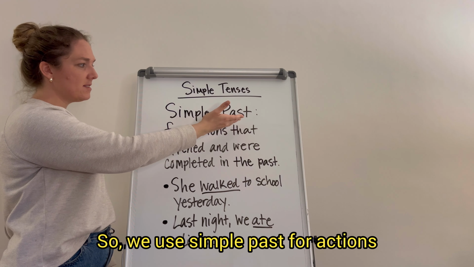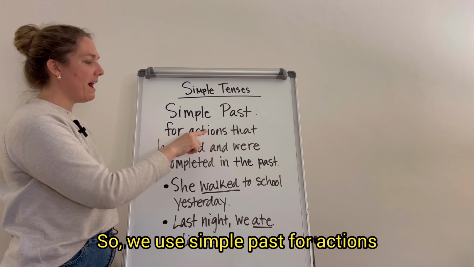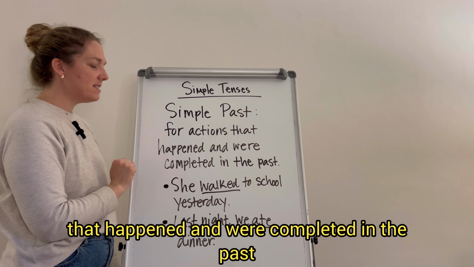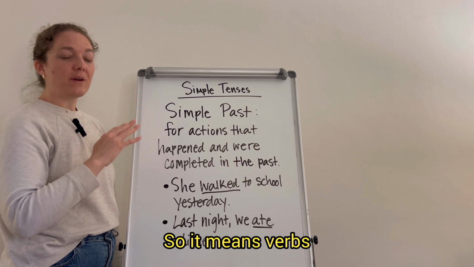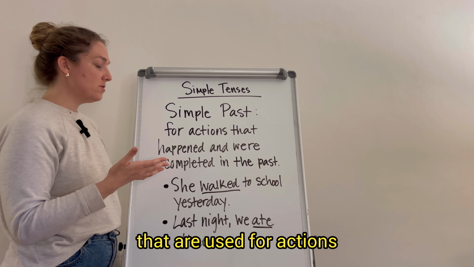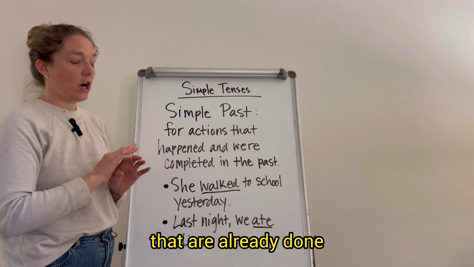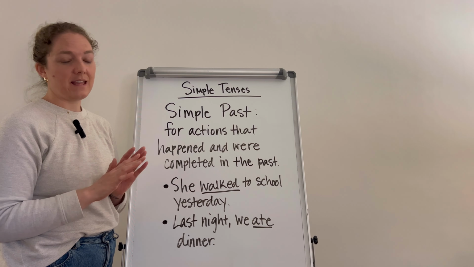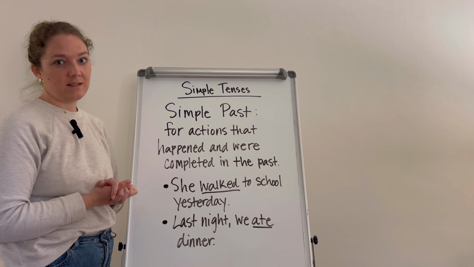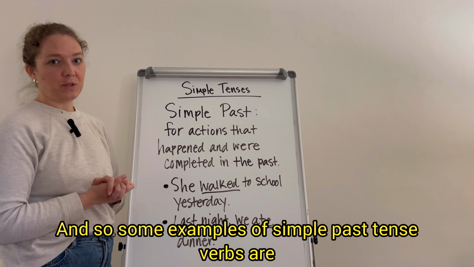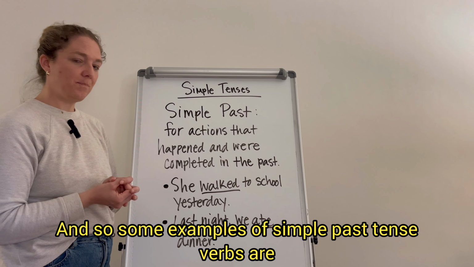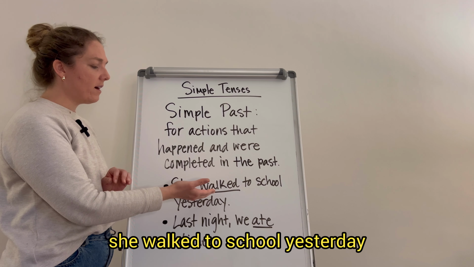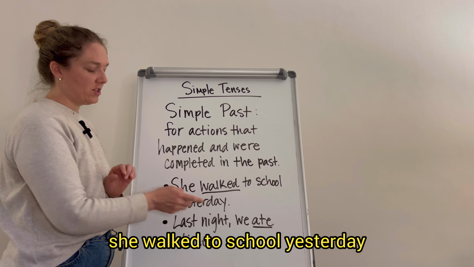We use simple past for actions that happened and were completed in the past. So it means verbs that are used for actions that are already done, already complete. Some examples of simple past tense verbs are: she walked to school yesterday.